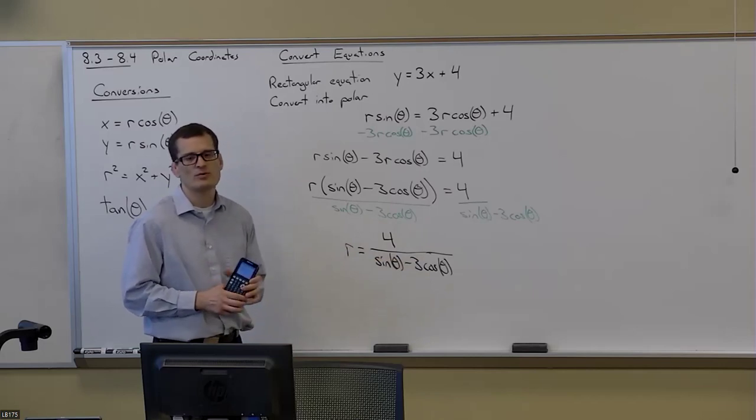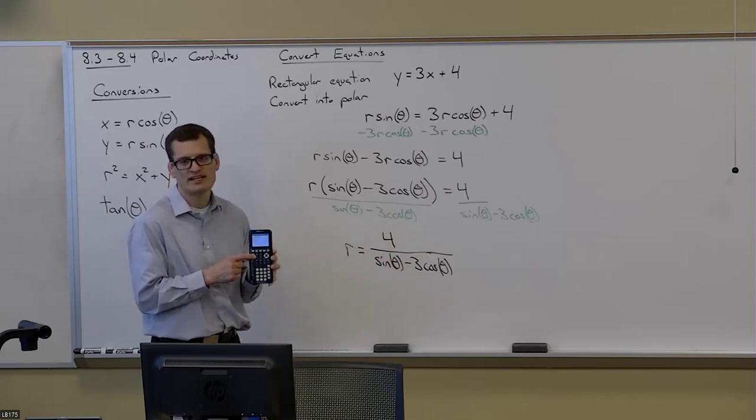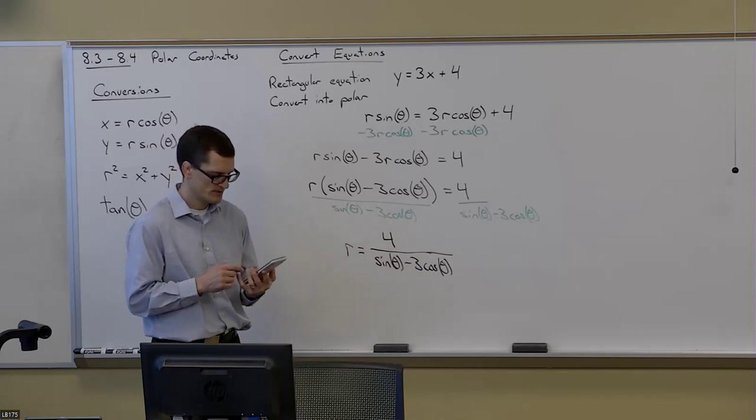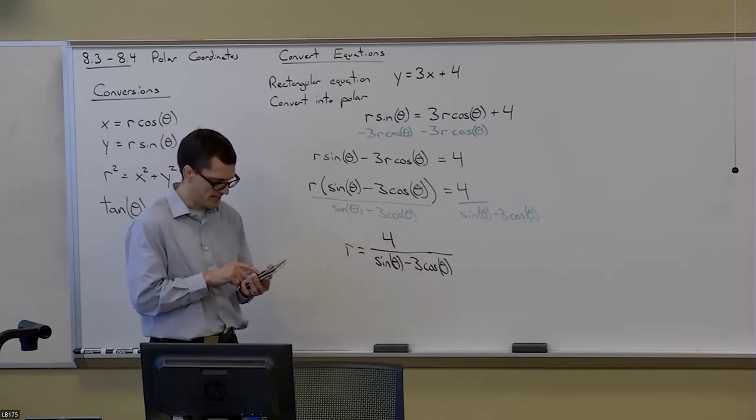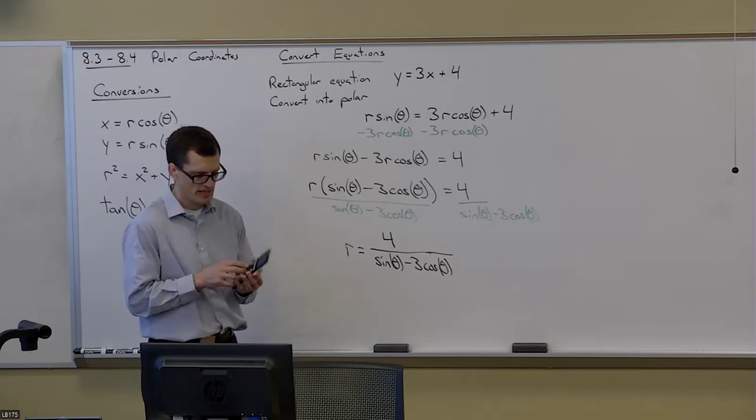And you might ask, well, where do you get a theta from? You just use your variable key, which is right next to the alpha. So you just hit sine, variable key, minus 3 times cosine of your variable key.